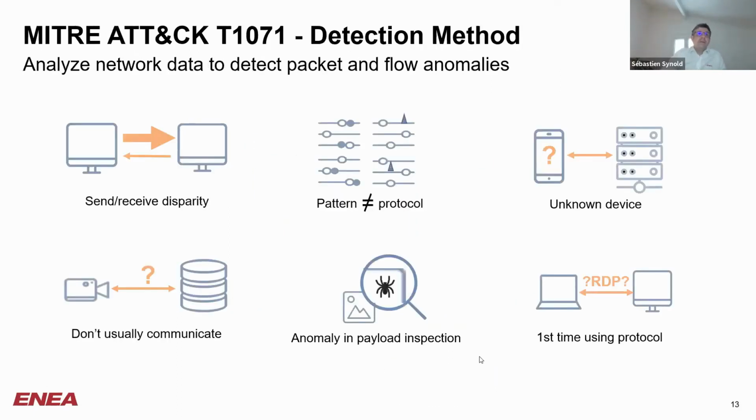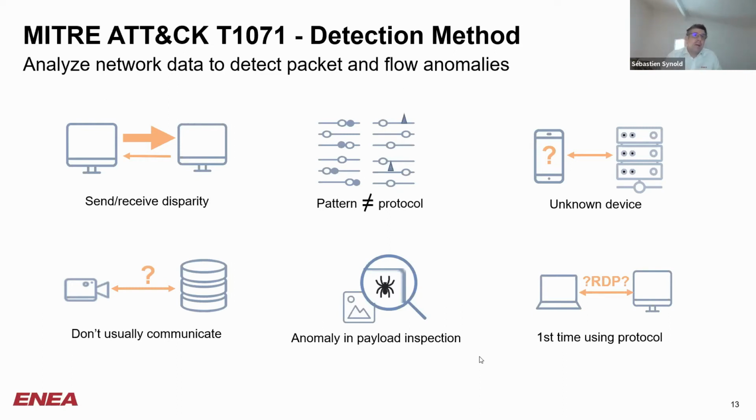So the recommendation from MITRE to detect such a technique is to look for anomalies in the usage of such protocols, like upload versus download ratio, or if you see a lot of connection attempts without any success, without any response. Another method is to detect communication of such protocols between machines that have never used those protocols before, which can be done by creating alerts manually or using machine learning techniques.